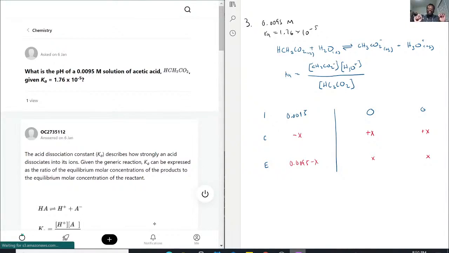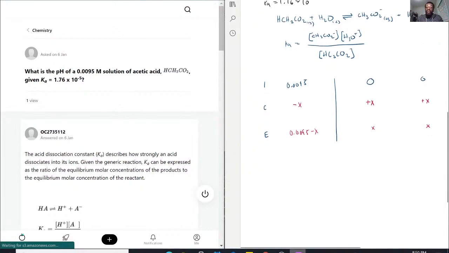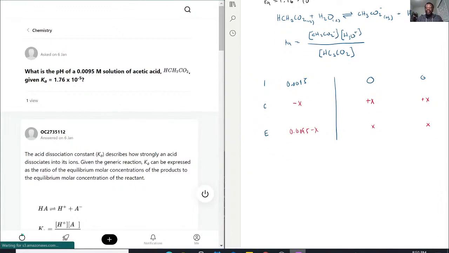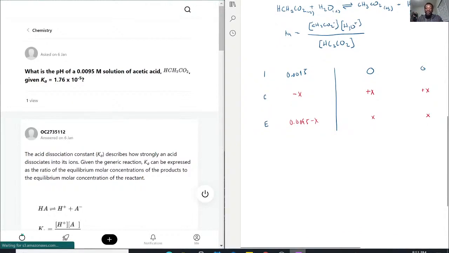So in this case, we're going to have to apply our quadratic formula, and I'll show you what I mean when I get there. But as a heads up, what I did was divide the 0.0095 by the Ka. And if the difference was less than 1,000 times greater, we cannot neglect the change that will happen to the concentration of the starting acid.